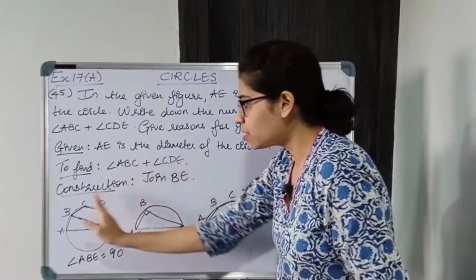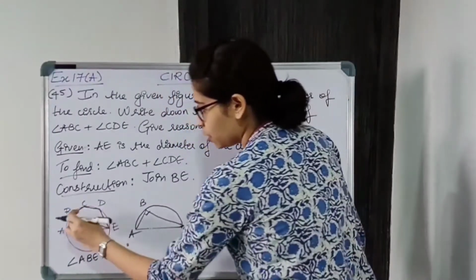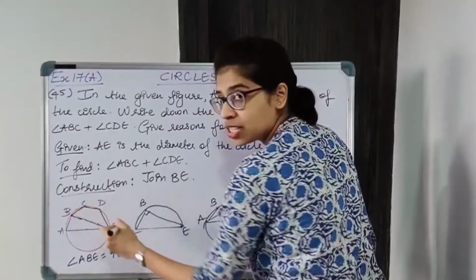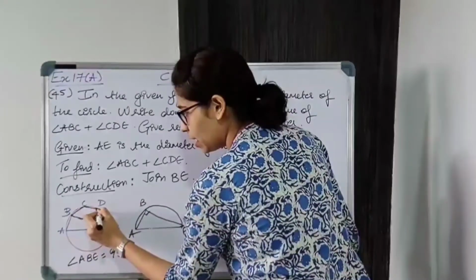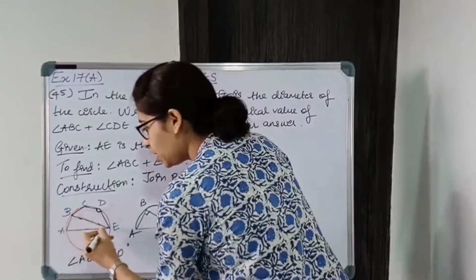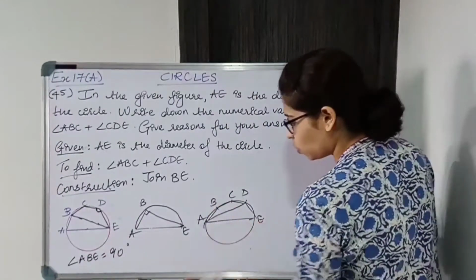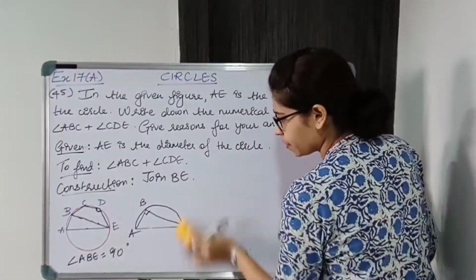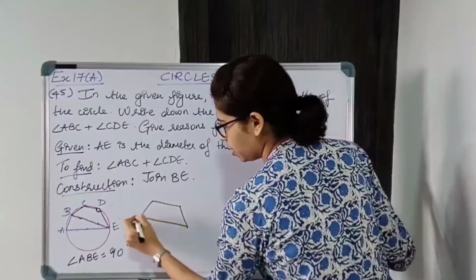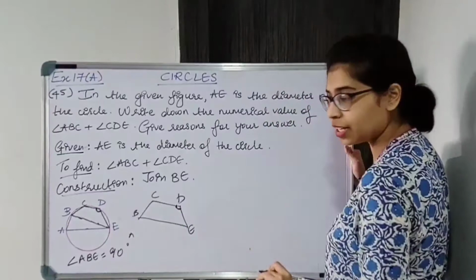Are any of these two angles over here in this quadrilateral? Let us check. One angle is CBE, another angle is BED. Another angle is CDE, EDC and CDE, it's one and the same. So this angle is there in the quadrilateral. Now CBE, that is a part of angle ABC. We have this quadrilateral, okay, BCDE. This angle is there. Okay, CDE.